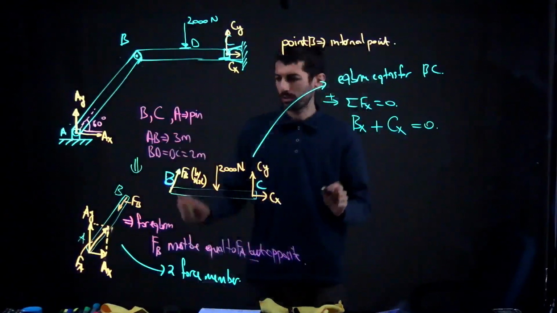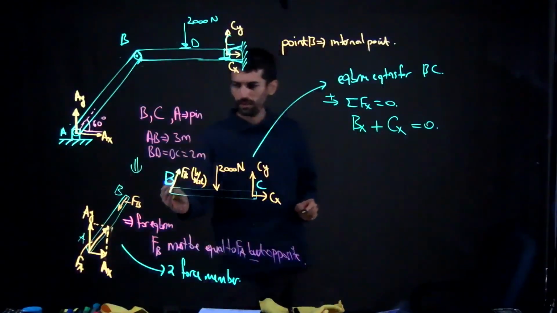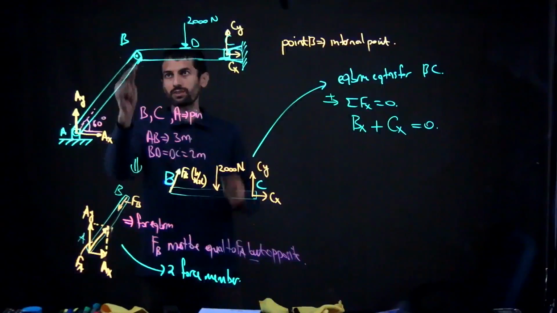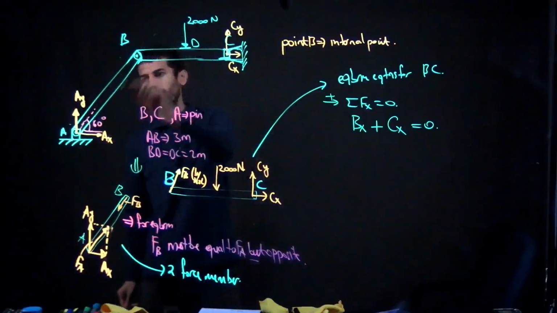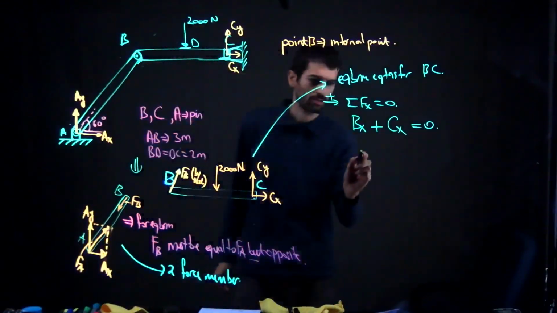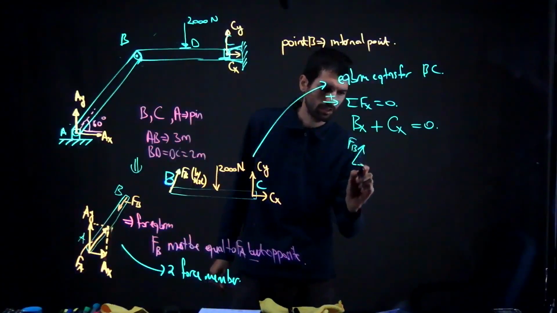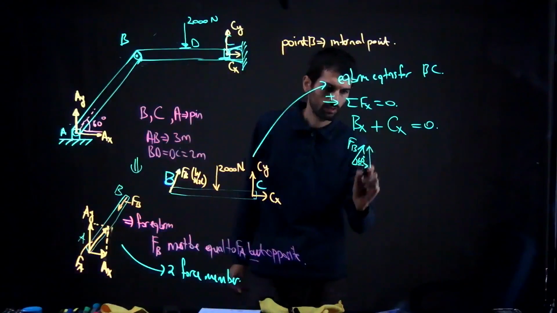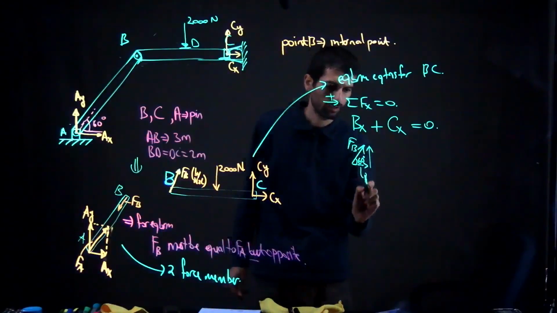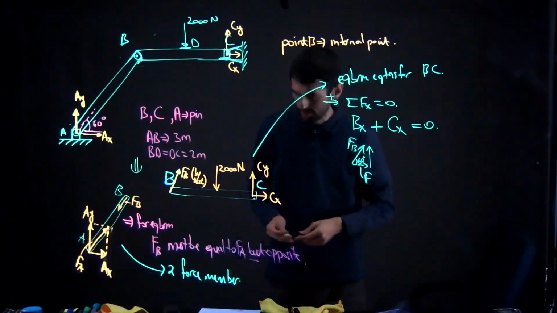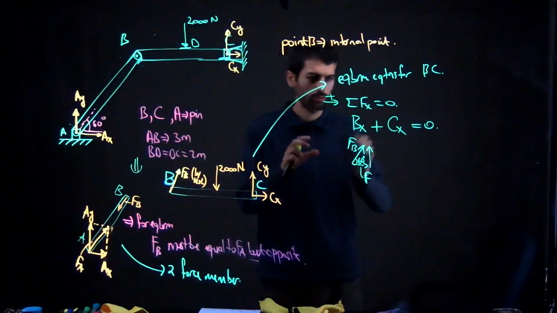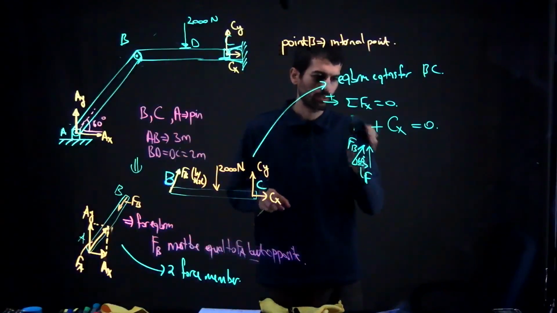But I know that FB is this way, and we have 60 degrees here. So I know that this is FB. It has 60 degrees. From here, instead of Bx, I will put this one as FBx.